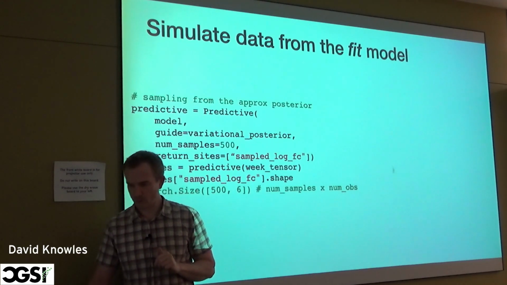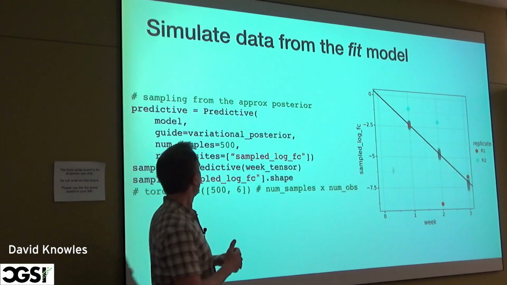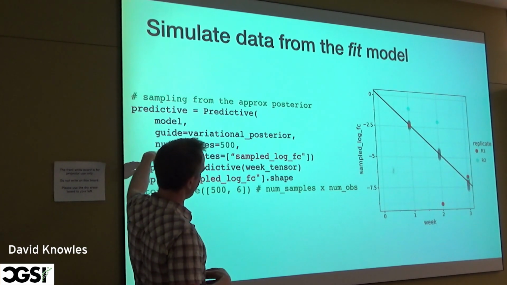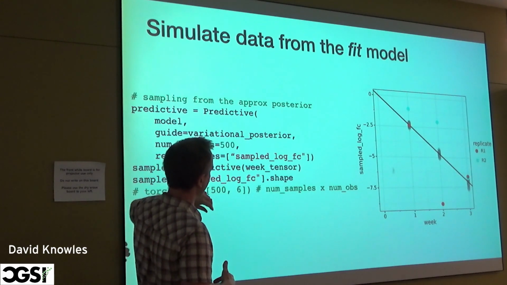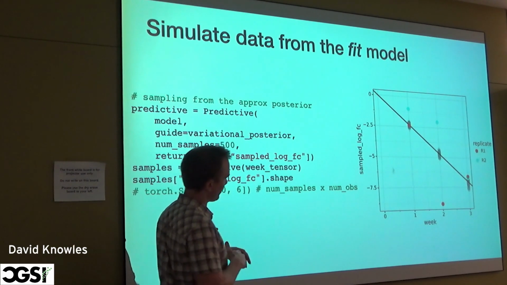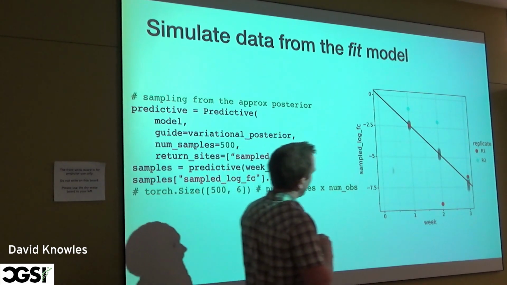We can also simulate from the model once we've fit it. This function that before we used to get samples of the actual parameters, we can also use to simulate data from the model once we have that fit. And that's what I'm showing.